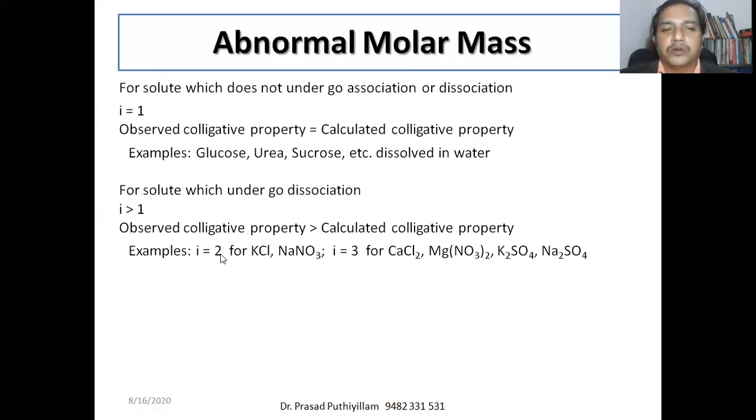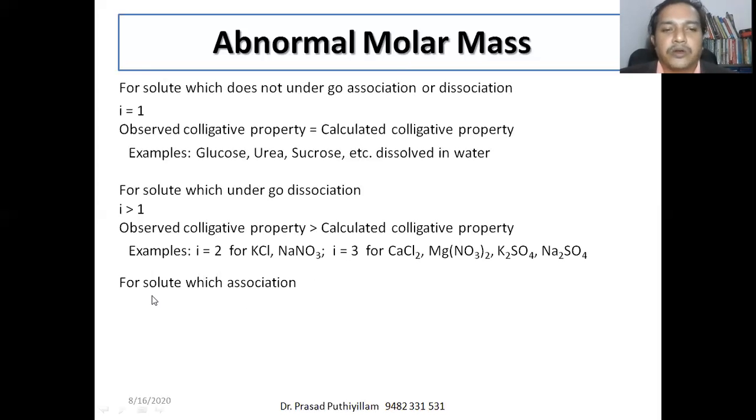Therefore, 2 divided by the calculated 1 gives the value 2. i is equal to 3 in the case of calcium chloride, magnesium nitrate, potassium sulfate or sodium sulfate in water, because they split into 3 ions, one calcium 2+ ion and two Cl minus ions. So a total of 3 ions will be there. Therefore, the i value becomes 3.